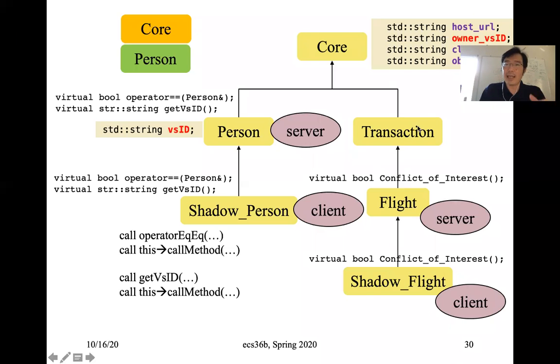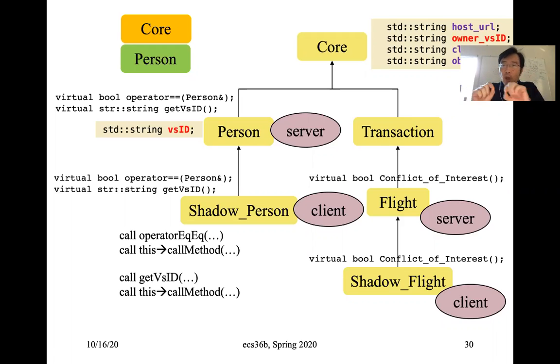From the programming perspective, you see this pointer or object reference as a transaction. It was created as a flight, but now you convert it to a transaction. So if you don't have the keyword virtual there, when you call conflict of interest, it's going to call the transaction, the parent class implementation of conflict of interest.